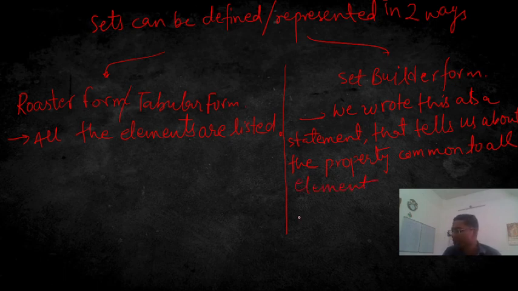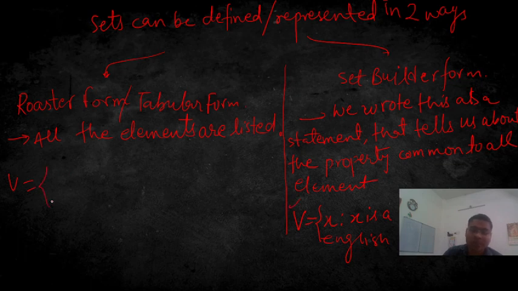For example, x such that x is a vowel in the English alphabet. Here we represent it with a statement, and in the roster form you just write all the alphabets which are vowels.